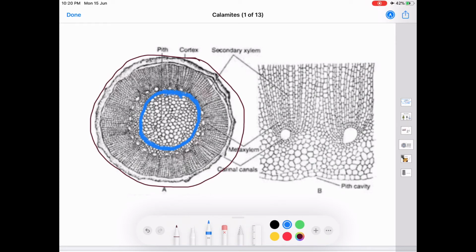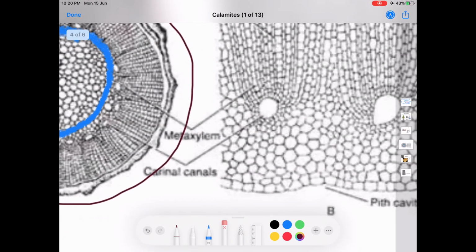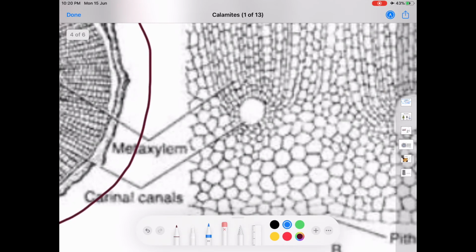In the internodal region, the central region is hollow, as in Equisetum. The vascular bundles had collaterally arranged xylem and phloem. The xylem was endarch. In the central region, you can see a carinal canal, produced by dissolution of protoxylem elements.